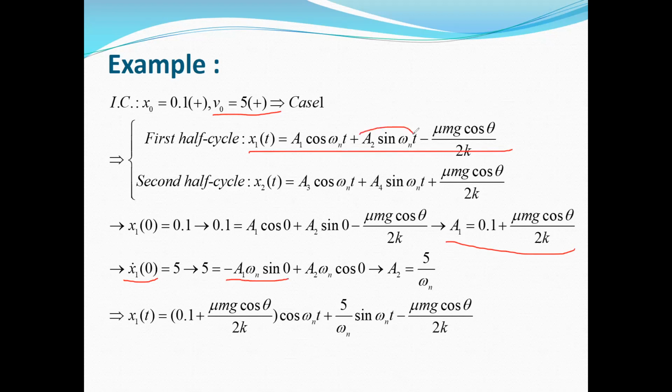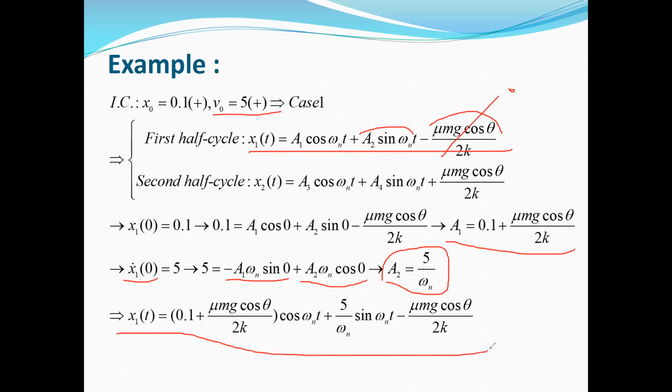The second term is a2 times omega n times cosine omega nt, which at t equal to 0 will be a2 times omega n times cosine 0. And the derivative of the constant value is 0. So we will have this term, which must be equal to 5. When you solve this equation, you can extract that a2 is equal to 5 divided by omega n. Now we can substitute a1 and a2 into the first solution, and the response is this term.